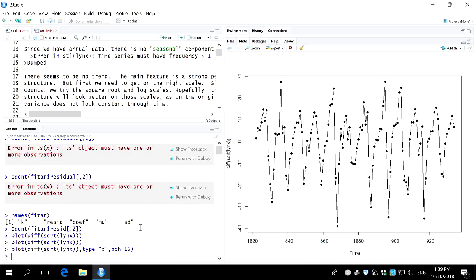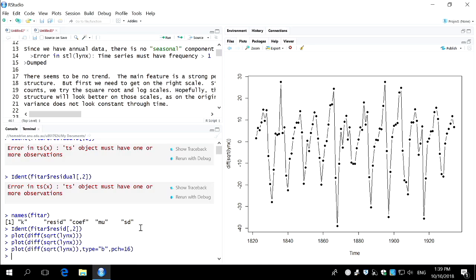Okay, if we count from peak to peak, what do we get? 1, 2, 3, 4, 5, 6, 7, 8, 9, 10, 11, 12. 1, 2, 3, 4, 5, 6, 7, 8, 9. Let's go over here. 1, 2, I don't know where the top is. Let's go over here. 1, 2, 3, 4, 5, 6, 7, 8, 9, 10, 11, 12, 13. My God, it's all over the place.